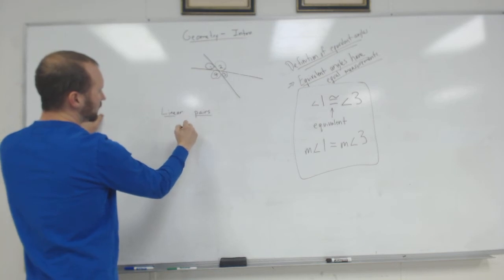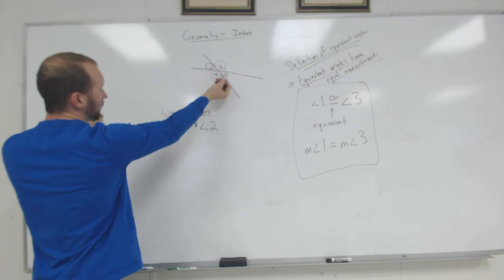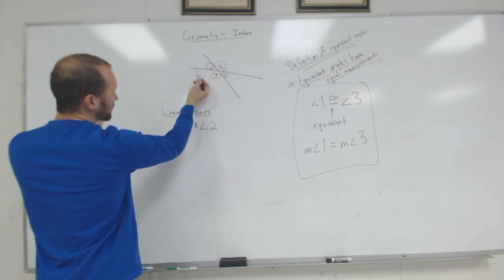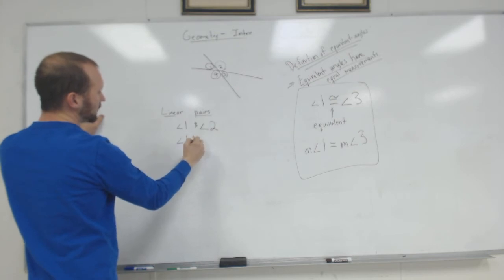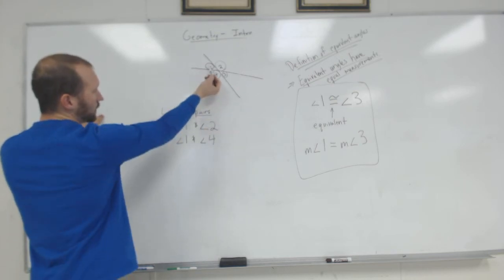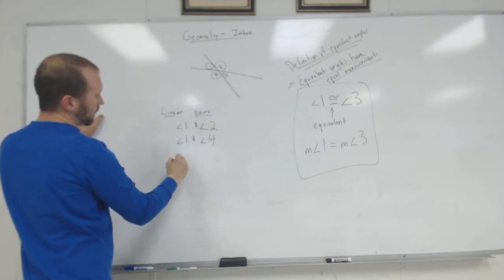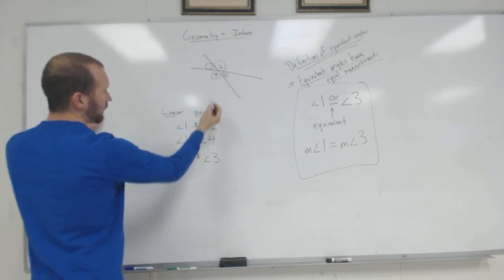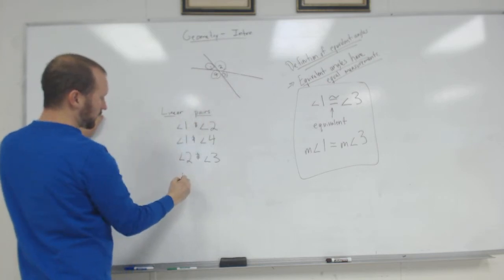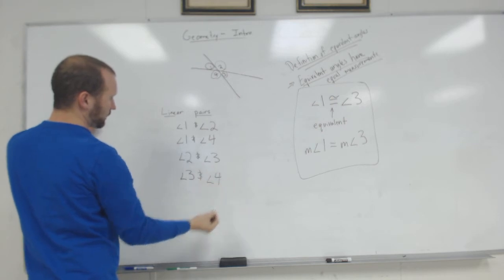So angle 1 and angle 2 are a linear pair because together they form a straight line. Angle 1 is also a linear pair with angle 4 because together they form this straight line. Angle 2 is a linear pair with angle 3, and angle 3 is a linear pair also with angle 4.